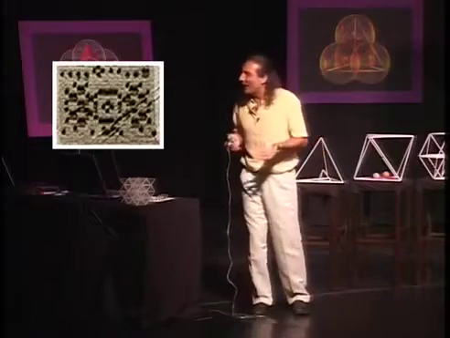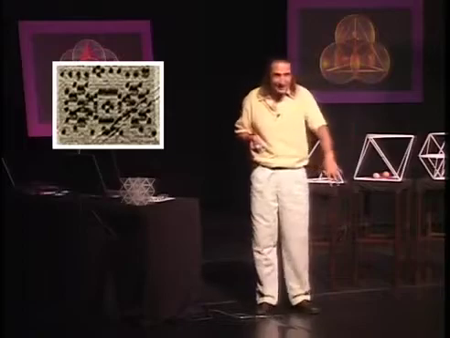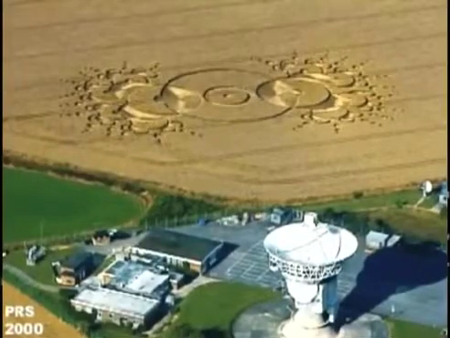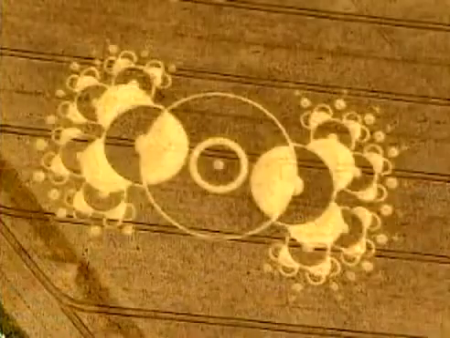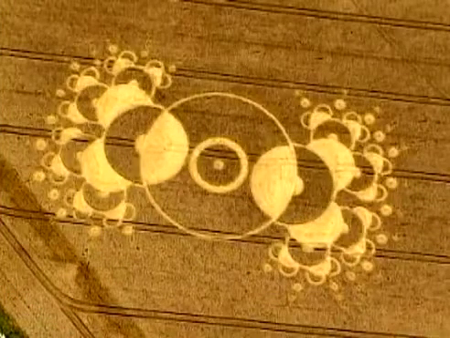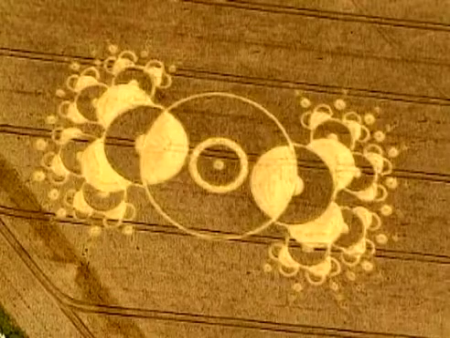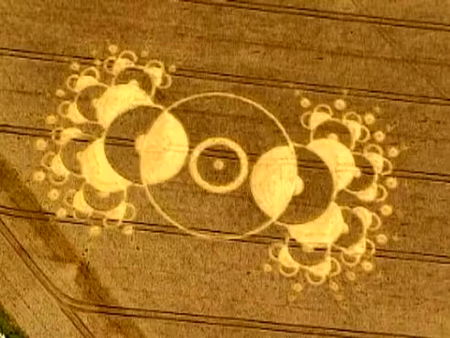And then it was found that in the exact same field in England, a year prior to this punch card appearing in it, across the same radio telescope, they had given us the answer to what's at the bottom of the punch card. The exact same geometry. They had given the answer before we asked the question.